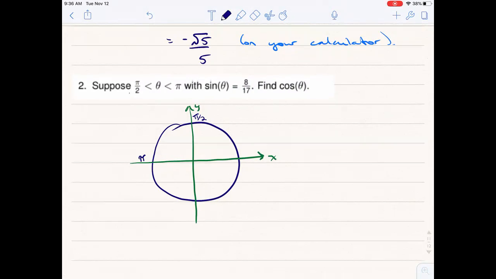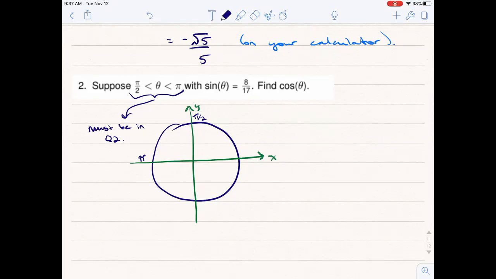So what this is saying is that it must be in quadrant 2, or I'll call it Q2.